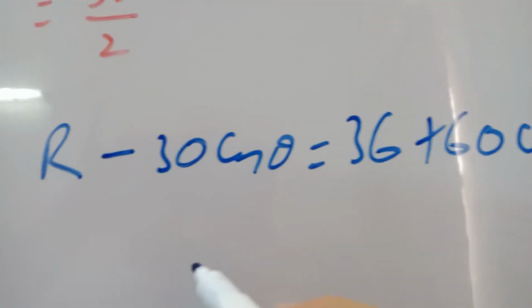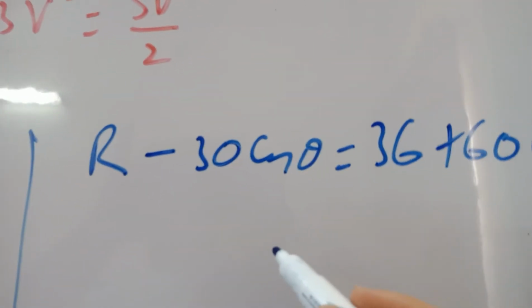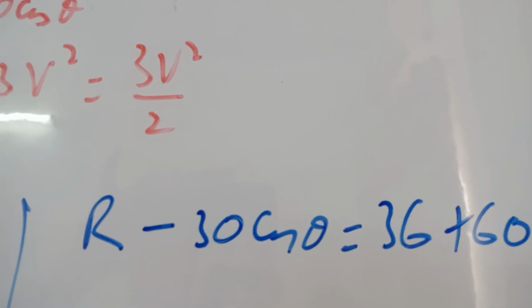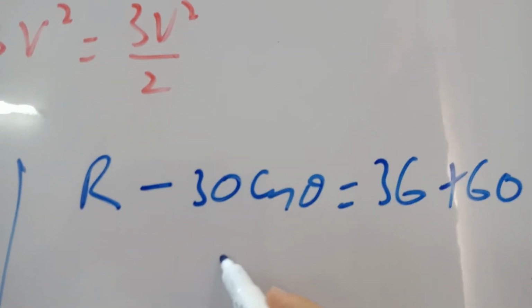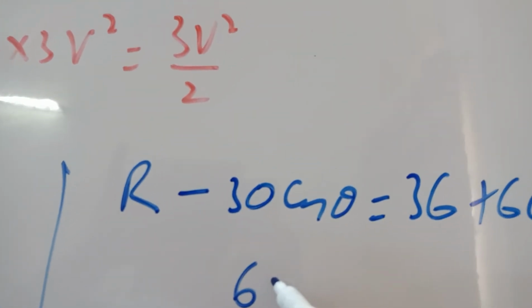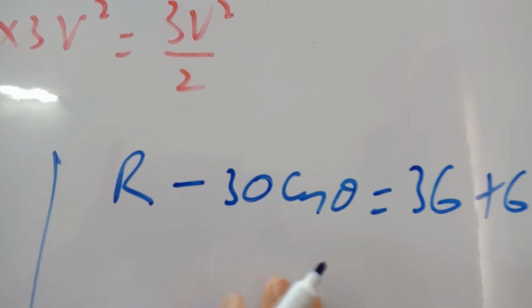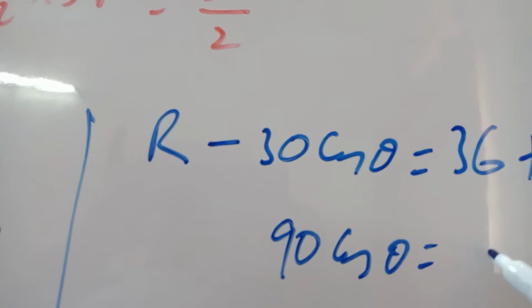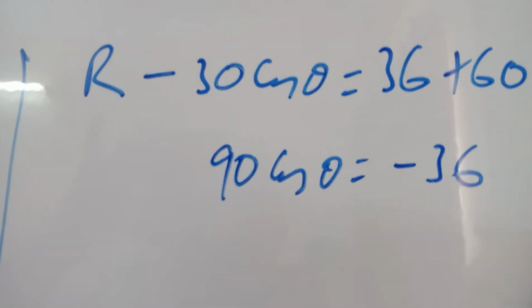So we shall put r equal to 0 over here. So I'll have 90 cos theta equal to minus 36, okay?